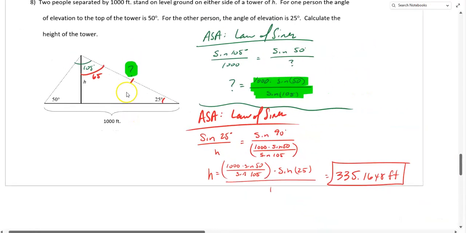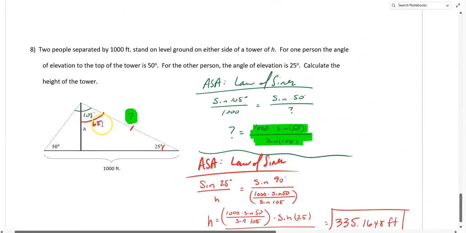And then finally, we talked about this one in class where we had the two people standing on either side of a tower. We recognize that this is also an angle-side-angle triangle. So with the angle-side-angle triangle, 50, 25, and this green angle have to add up to 180.